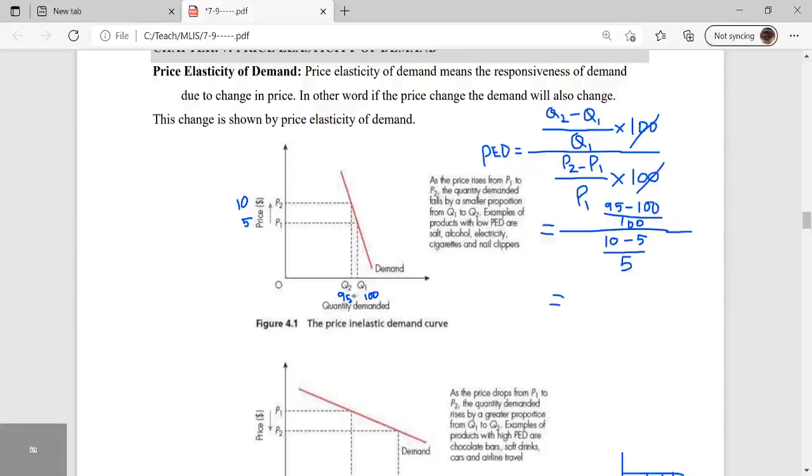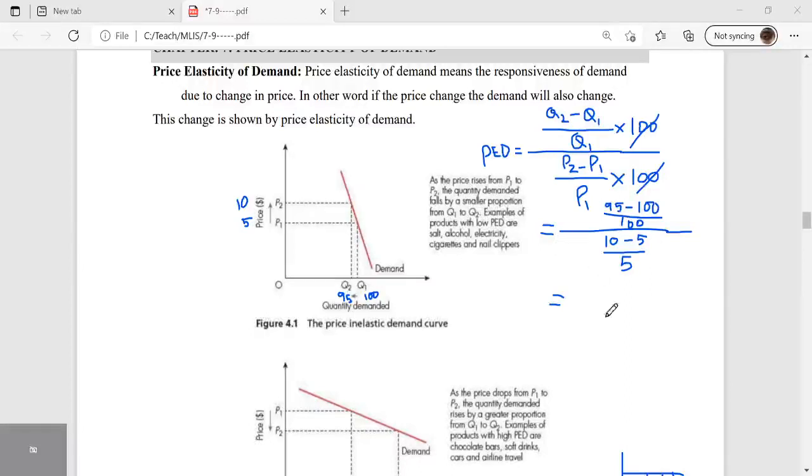Let's calculate. 95 minus 100 is how much? Minus 5, right? Then divided by 100, we have minus 0.05. Then in the lower part, 10 minus 5 is 5, and 5 divided by 5 is 1.